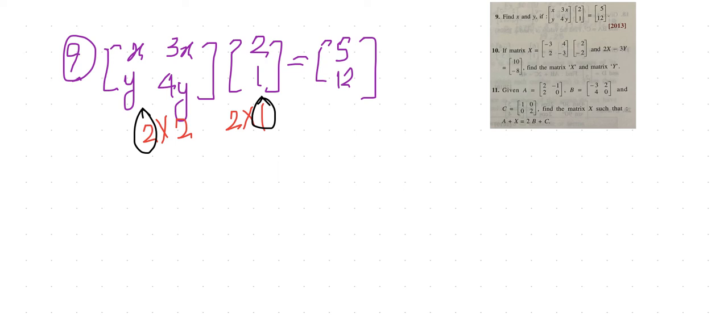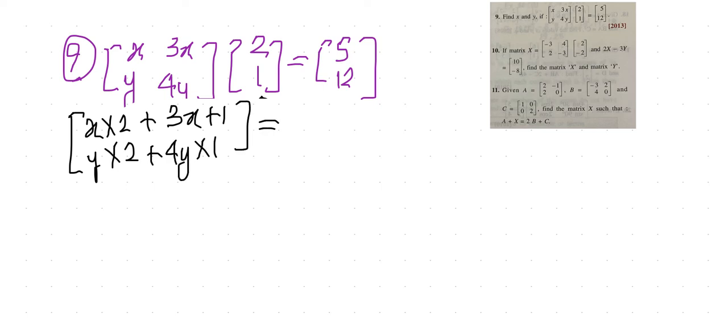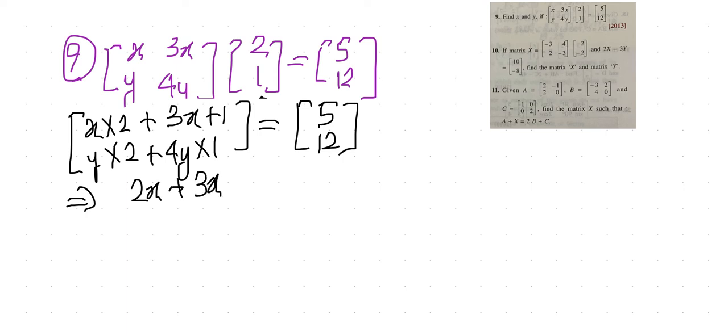So we'll be multiplying this to get what? You will be getting like this: x into 2 plus 3x into 1, and then y into 2 plus 4y into 1. And this is equal to 5 and 12. So this implies 2x plus 3x, and here you are getting 2y plus 4y, and this is equal to 5 and 12.